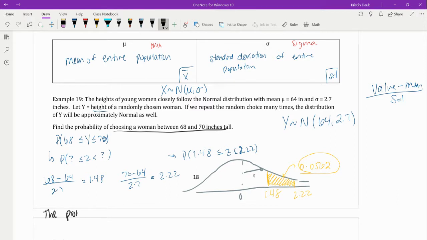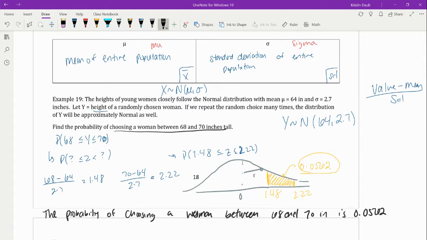I'm going to say the probability of choosing a woman between 68 and 70 inches is 0.0562. So I've got about a 6% chance of choosing a woman between those bounds.